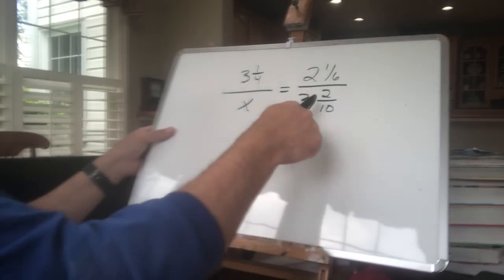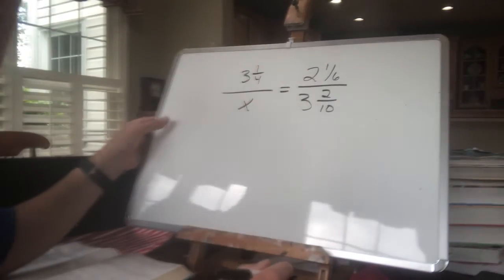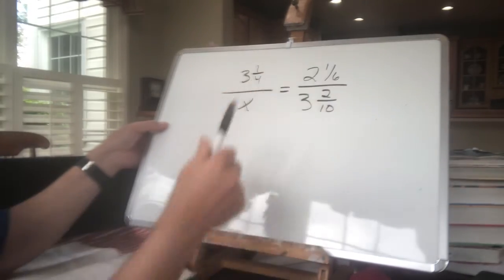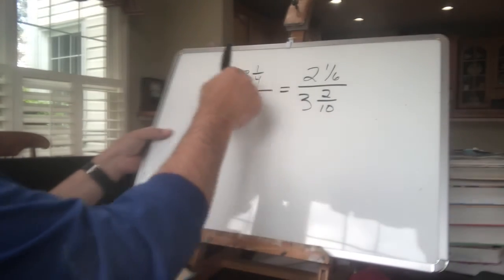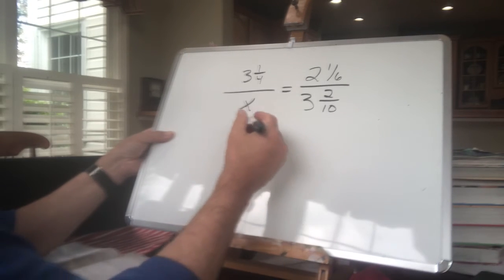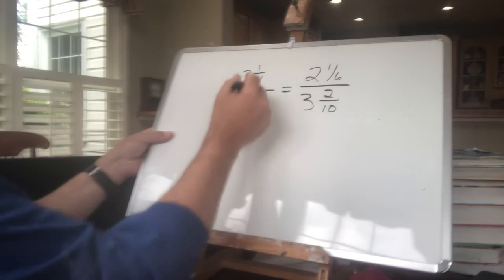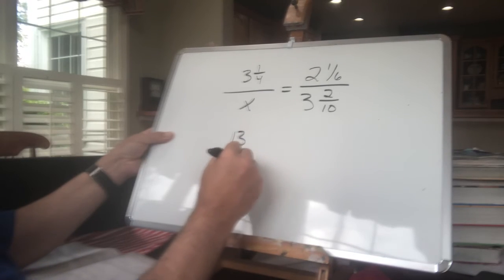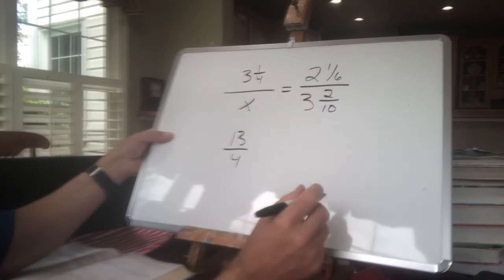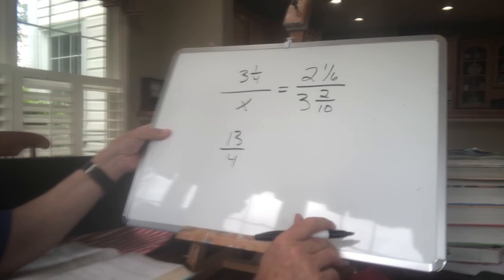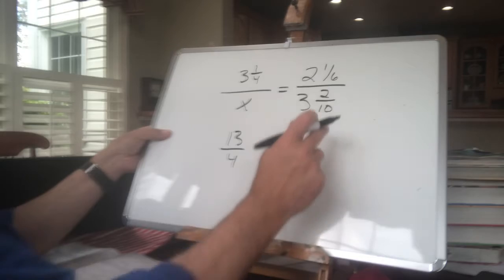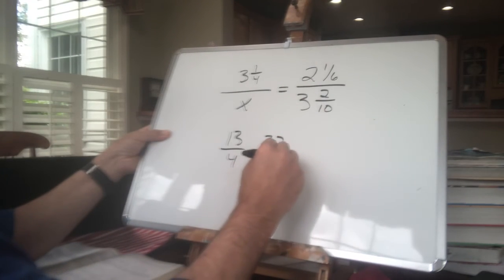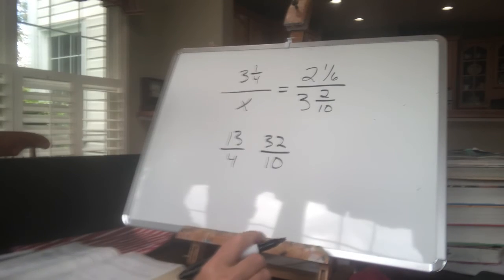So we start off with a little bit different cross multiplying: multiplying these two, and then we're going to divide by the other one. First we want to make these into improper fractions. 3 1/4 changes over to 13/4, and 3 2/10 will change over to 32/10. We are multiplying these.